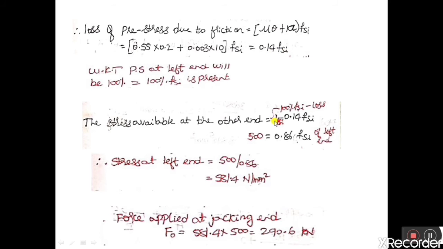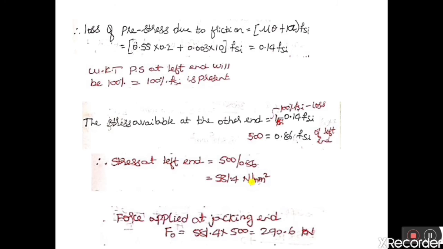So 1 Fsi minus 0.14 Fsi is equal to 0.86 Fsi. Therefore, stress at the left end is equal to 500 by 0.86. From this equation, the stress at the left end is equal to 500 by 0.86, that is equal to 581.4 Newton per mm square.